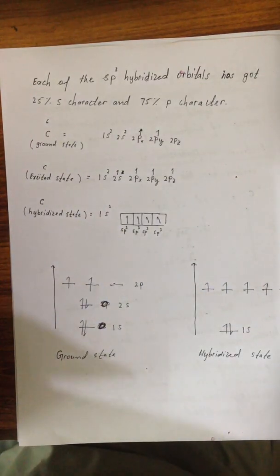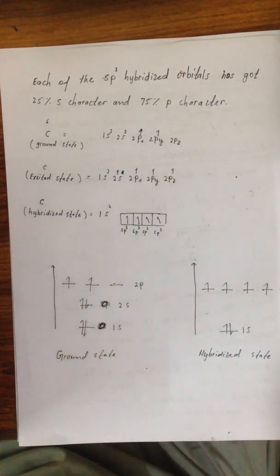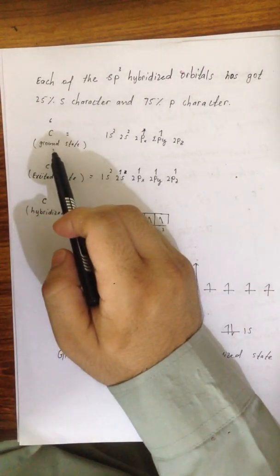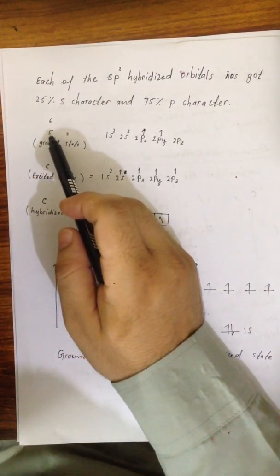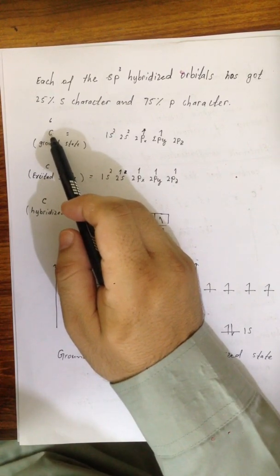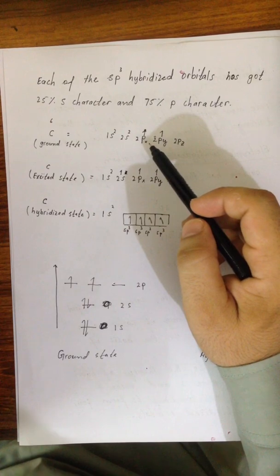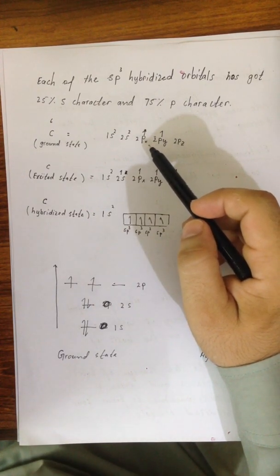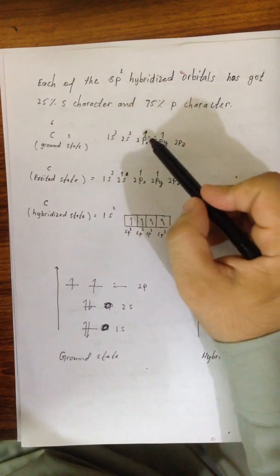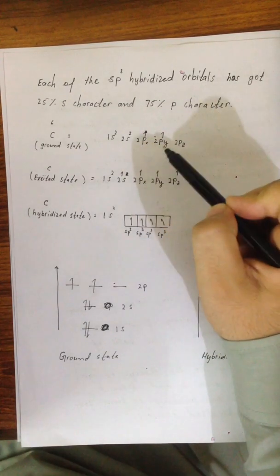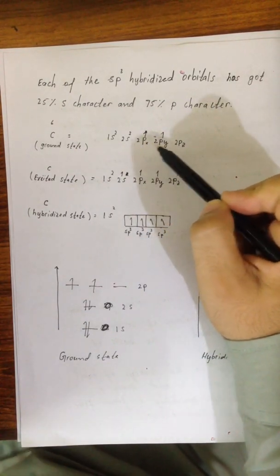Let's explain this a little further. This is the electronic configuration of carbon atom in the ground state. In the ground state, it has only 2 unpaired electrons, one in the px and another in the py.